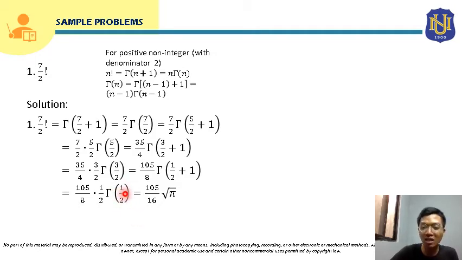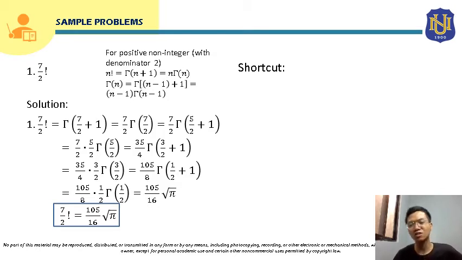We can now stop here because this is already gamma of 1 half, and we know that the value of gamma of 1 half is square root of pi. That's already an established equivalent. So from here, 105 over 8 times 1 half is 105 over 16, and gamma of 1 half is just square root of pi. This is already the answer. The 7 over 2 factorial is equal to 105 over 16 square root of pi. That will be the answer already.